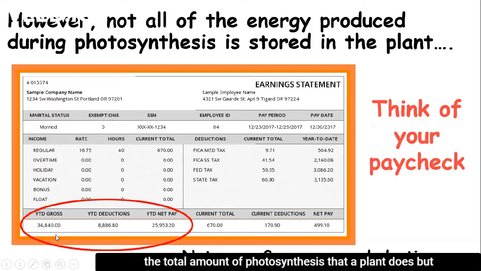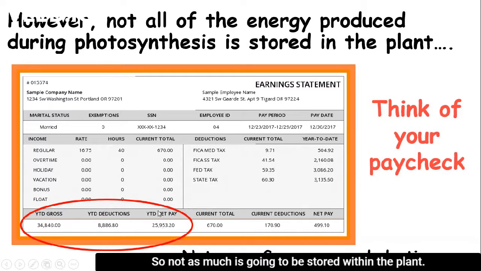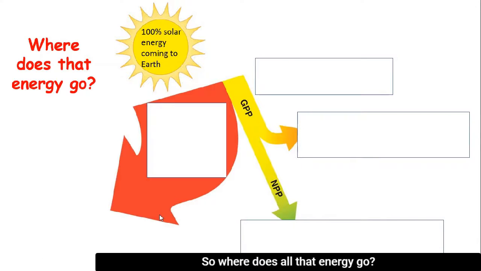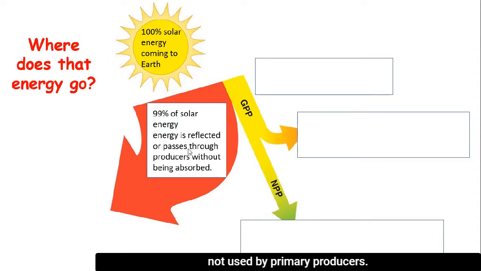Think of the total amount of photosynthesis that a plant does, but actually some of that energy that they are capturing is lost to the environment. So not as much is going to be stored within the plant. So where does all that energy go? If we have 100% of solar energy coming to Earth, actually 99% of that plants, or primary producers, do not use.